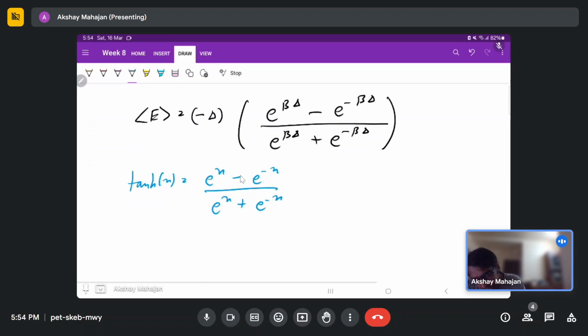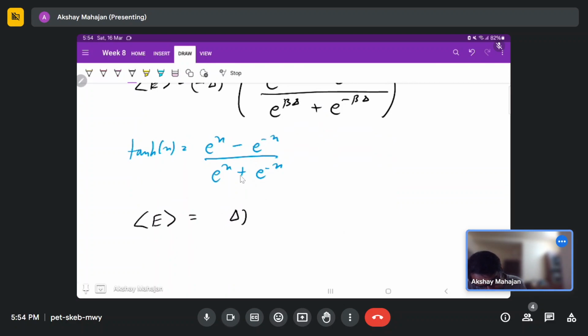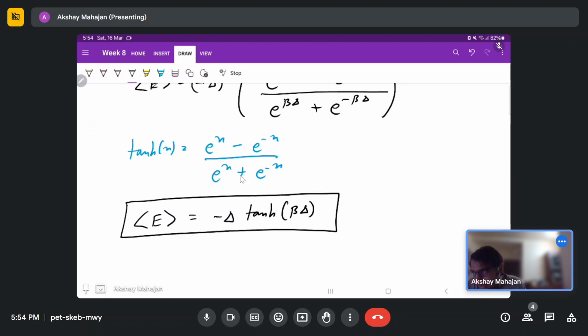So the average energy will be equal to minus delta tan hyperbolic beta delta. This will be our average energy.